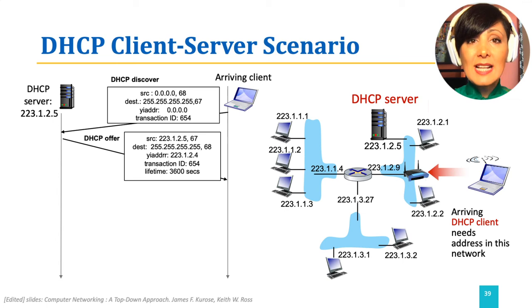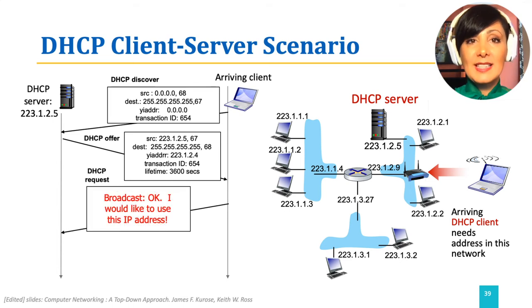The source address of this datagram is the IP address of the DHCP server, which is 223.1.2.5, and it contains the offered IP address in the body of the message, which is 223.1.2.4.